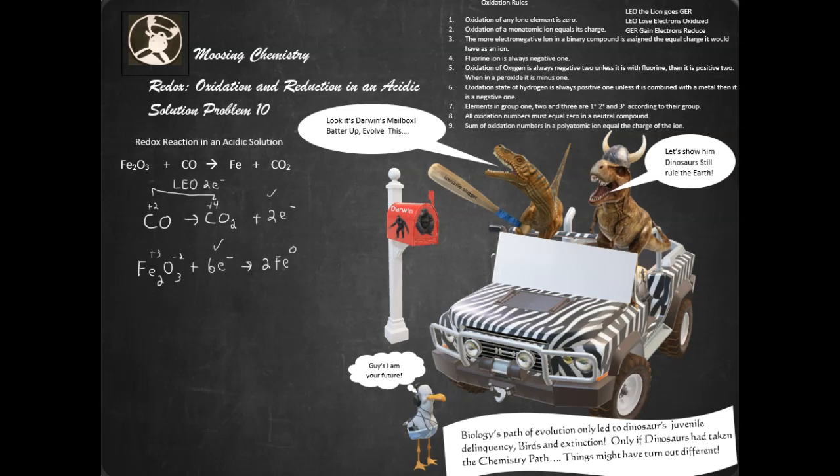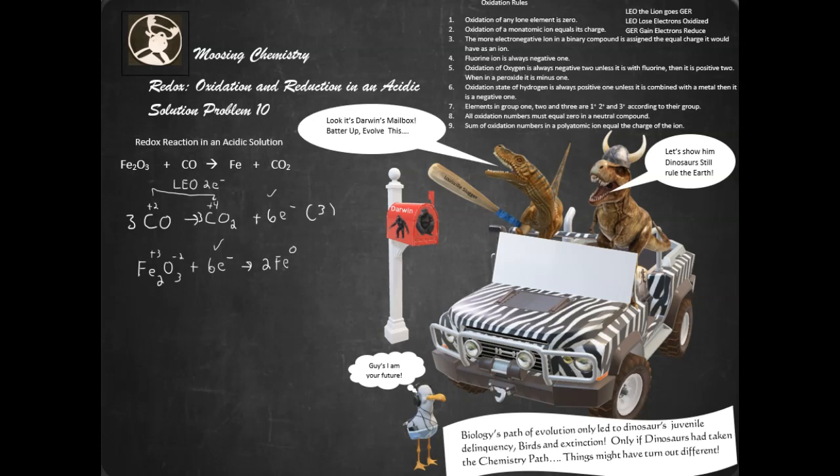What are we going to do next? Well, we're going to multiply this by 3, because all we have to do is get the lowest common denominator between 2 and 6, and it would be 6, so we're just going to multiply the top by 3. That means this is going to change to a 3 here, a 3 here, and these 2 electrons are going to change to 6 electrons. That's great.